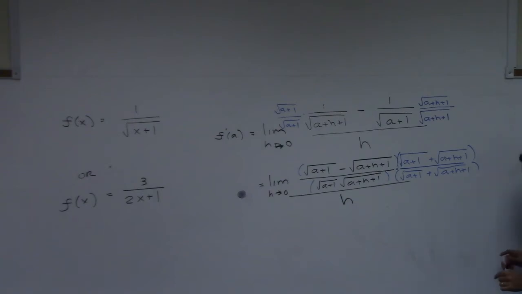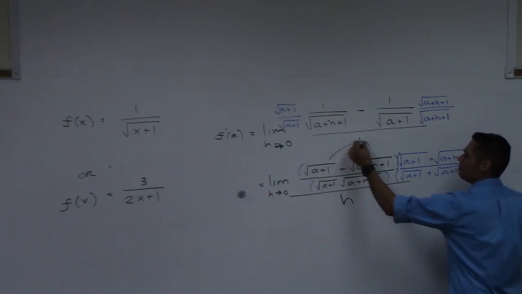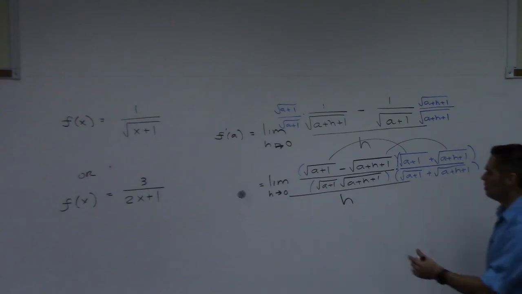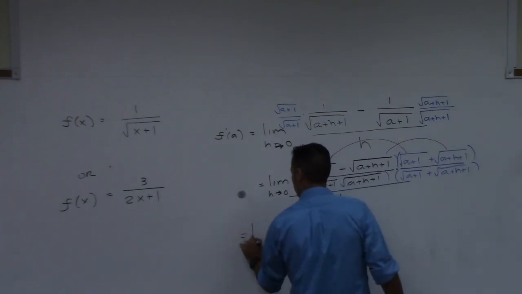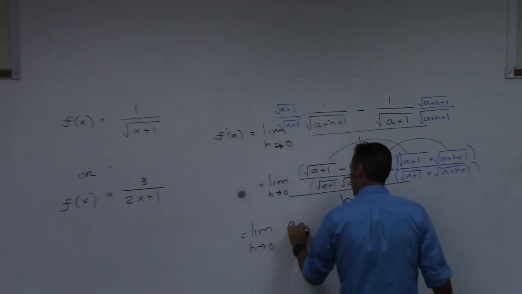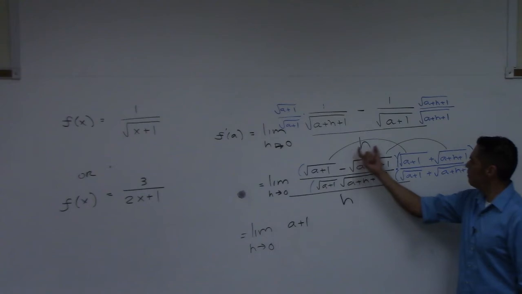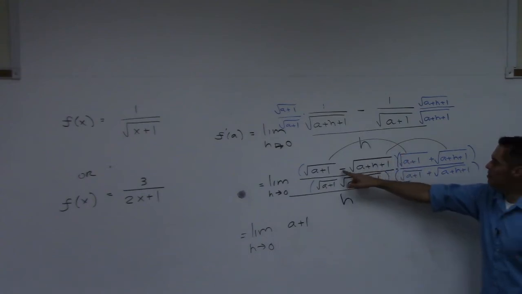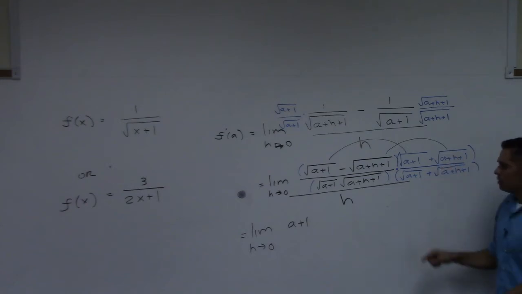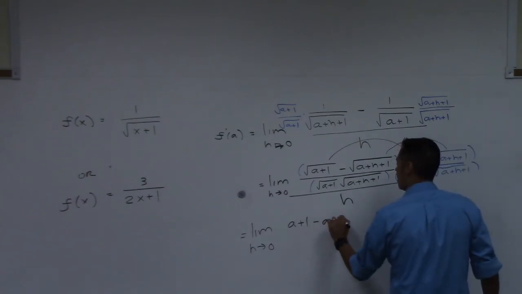So what happens up top when I do this? Yeah, you're only going to do the first and last terms that are going to matter. So I should have limit h goes to 0 of a plus 1 from here. And then because this is minus and plus, it's going to be minus this stuff. So how about minus a minus h minus 1?